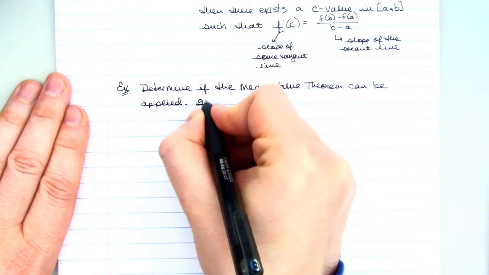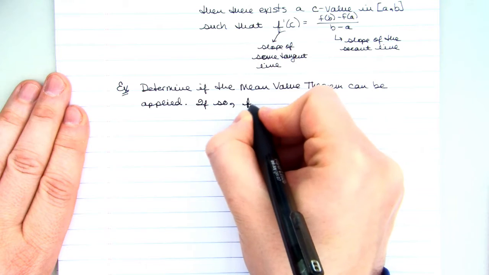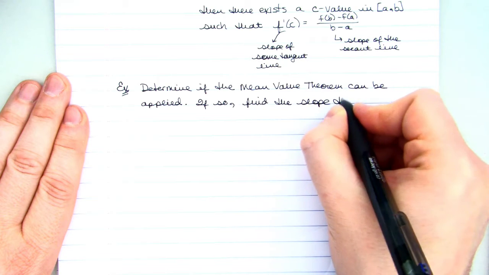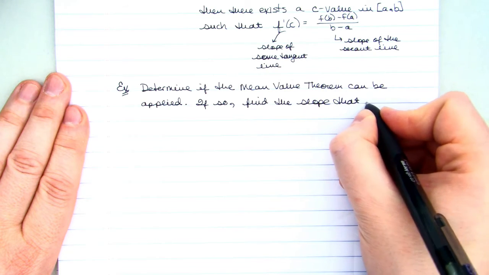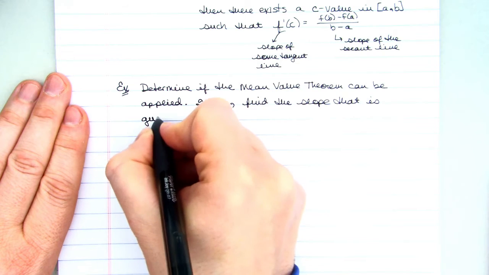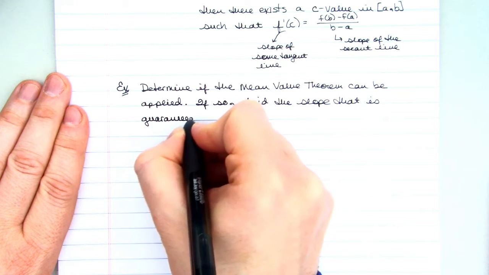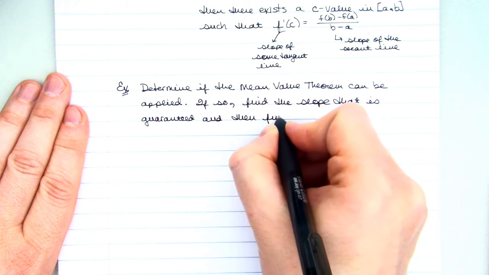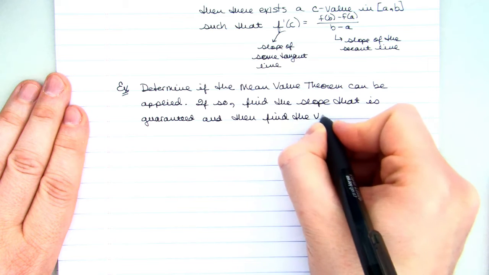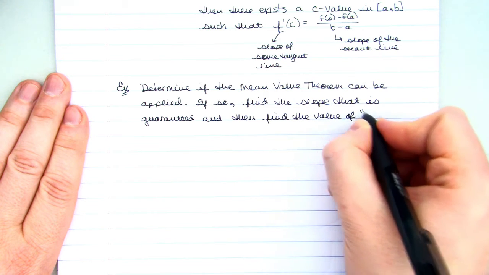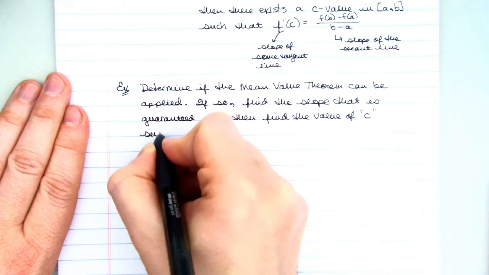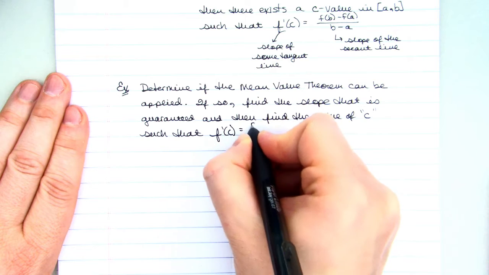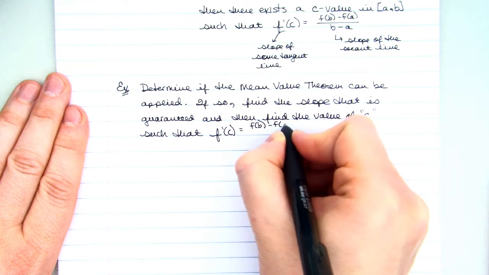If so, we're going to find the slope that is guaranteed, the slope of our secant line, and then find the value of c such that f prime of c equals f of b minus f of a over b minus a.